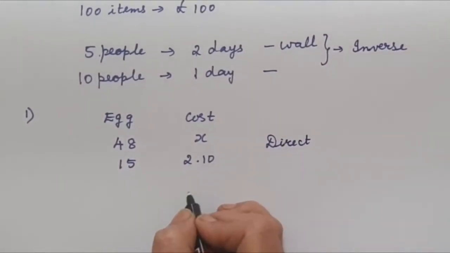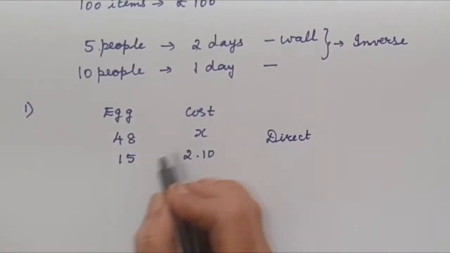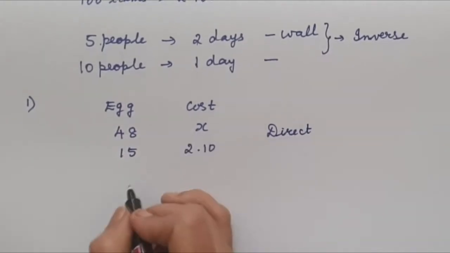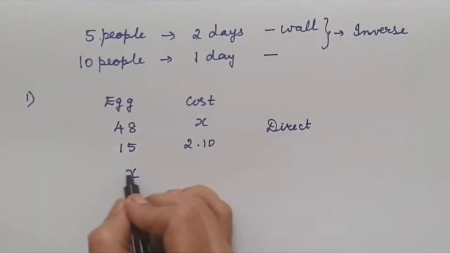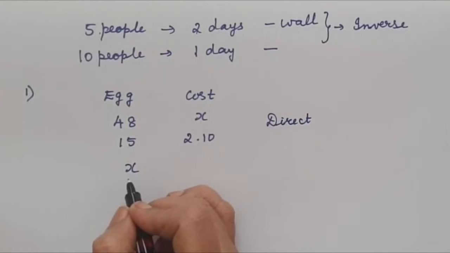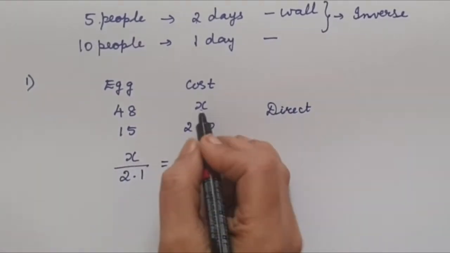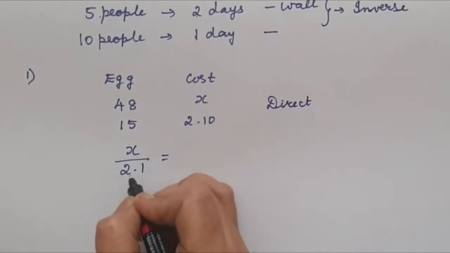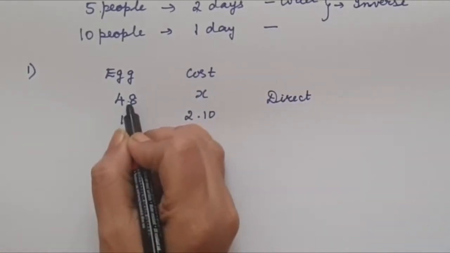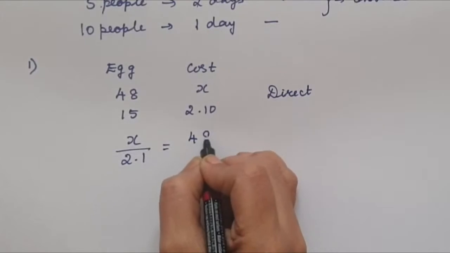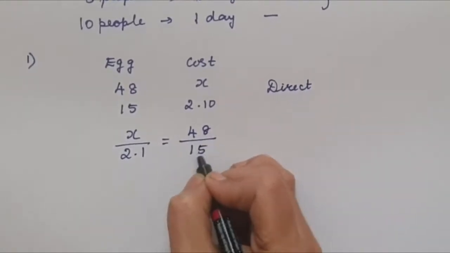When it is a direct proportion, we just write it in the same order. Whatever is our unknown x, we write it on top so that it is easier for our calculation. So x over 2.1 will be equal to, here also, 48 on top, 48 over 15.